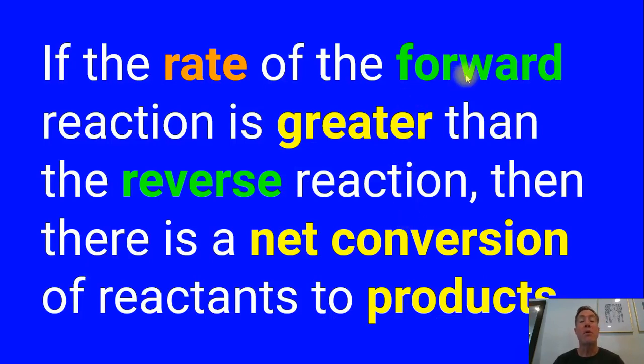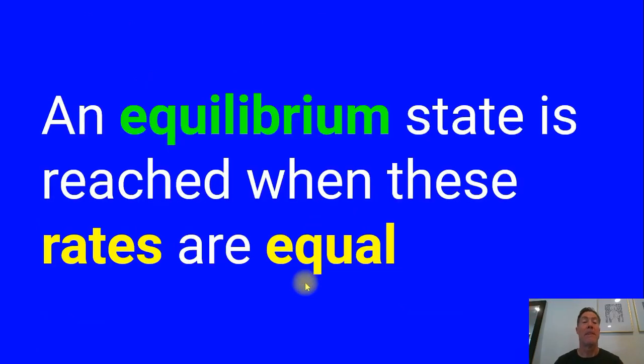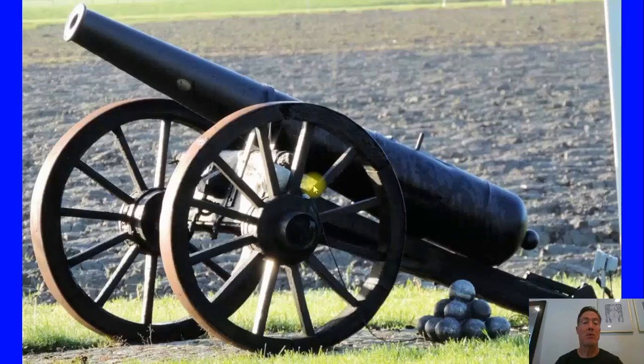If the rate of the forward reaction is greater than the reverse reaction, then there will be a net conversion of reactants to products before we establish equilibrium. If the rate of the reverse is greater than the rate of the forward, then there's a net conversion of products back to reactants. At equilibrium, we have both of those rates being equal.